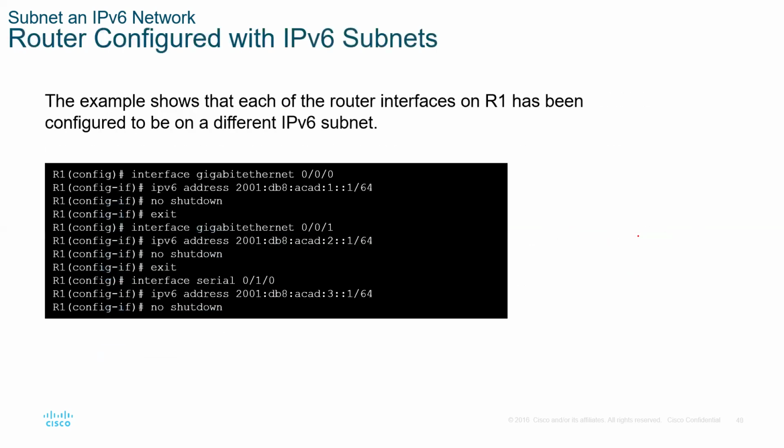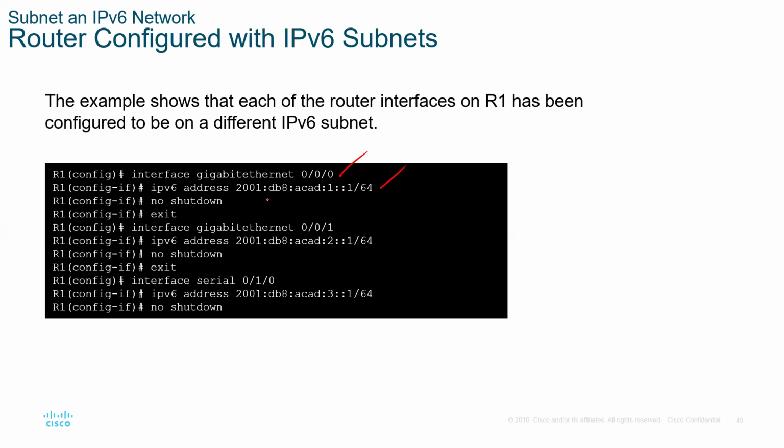Right, a router configured with IPv6 subnets. How do we then configure our IPv6 addresses? The same way we configure version 4 addresses on interfaces is the same way we configure IPv6 addresses on router interfaces. You go into the interface, that's the first command. Then with version 4 you enter ip address, then the IP address and its subnet mask.